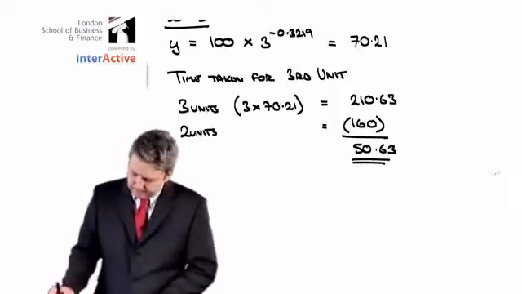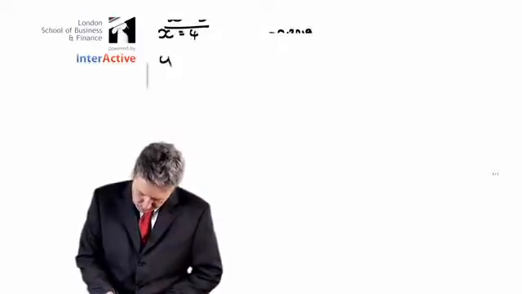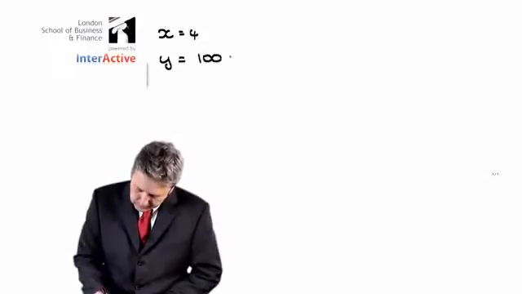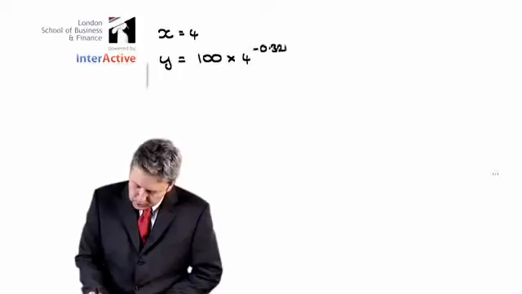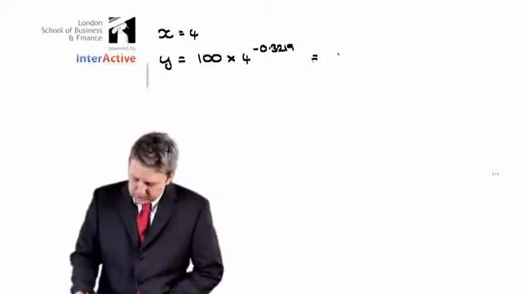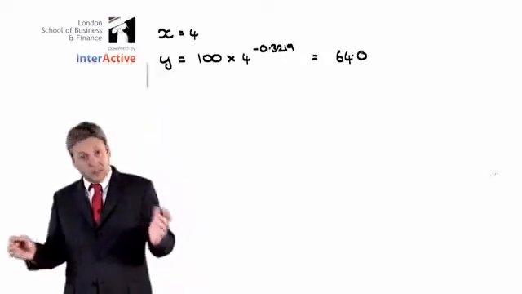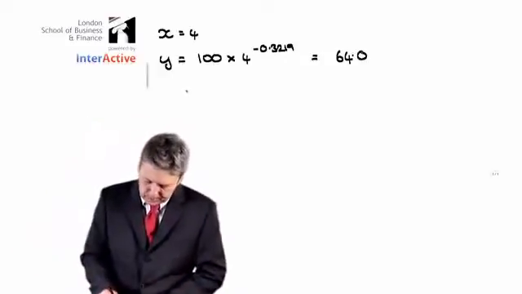One more step, we'll just check something. If X equals 4, Y equals 100 multiplied by 4 to the power minus 0.3219. If we multiply through, we get 64. I think we knew that number already from what we did before. Remember, we're just proving those numbers.